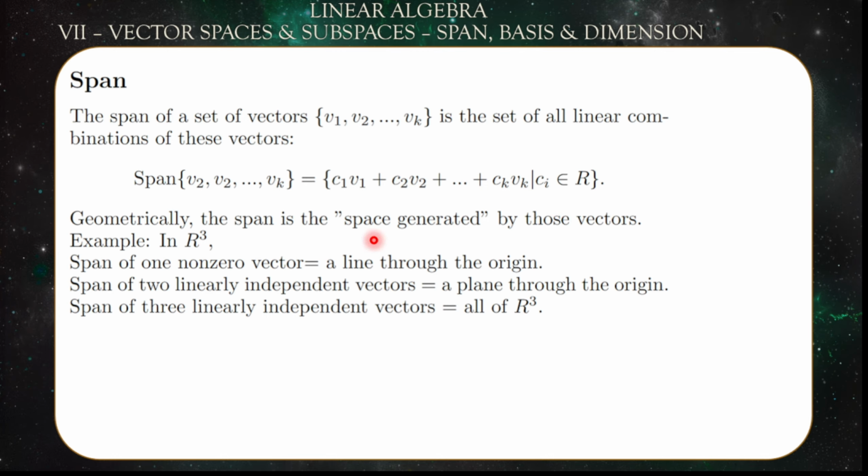Geometrically, the span is the space generated by those vectors. Example in R3: the span of one non-zero vector is a line passing through the origin. The span of two linearly independent vectors is a plane going through the origin, and the span of three linearly independent vectors equals all of R3, the entire thing.